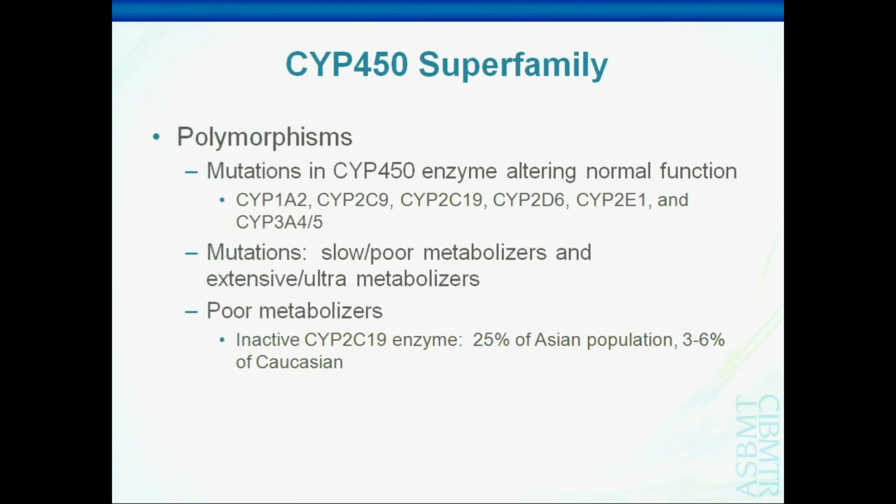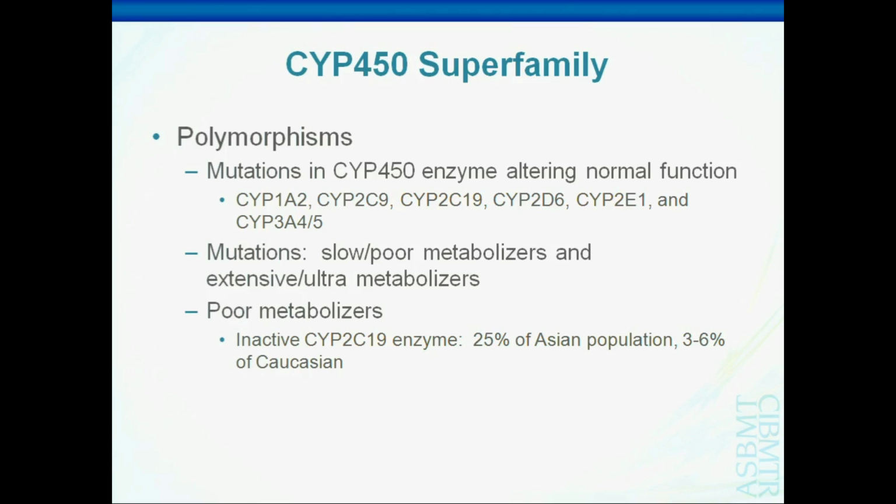There have been a number of polymorphisms discovered in the CYP450 superfamily, and a few of those I have listed there. These mutations range from slow and poor metabolizers to extensive and ultra metabolizers. An example of poor metabolizers are those patients that have inactive CYP2C19 enzymes.